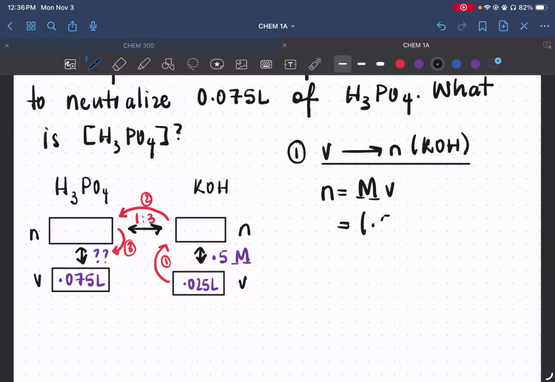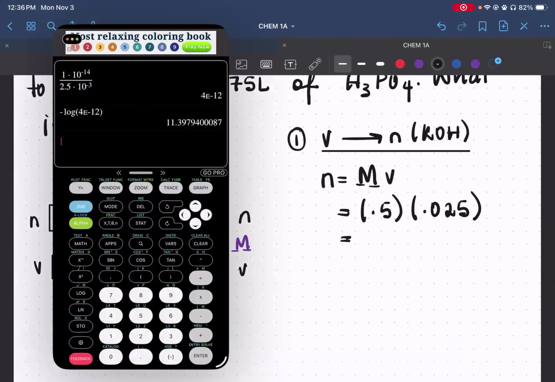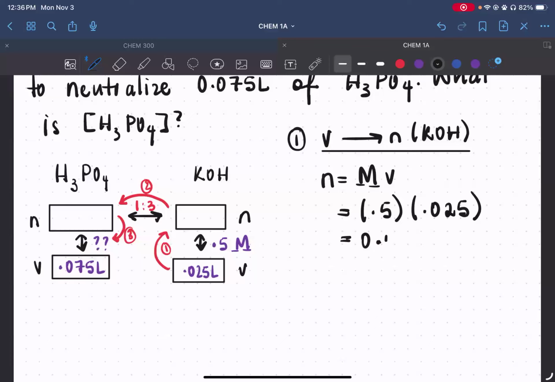The molarity is 0.5. The volume is 0.025. If we put this into our calculator, 0.5 times 0.025, we get the following number, 0.0125. We can immediately write that number into our charts.